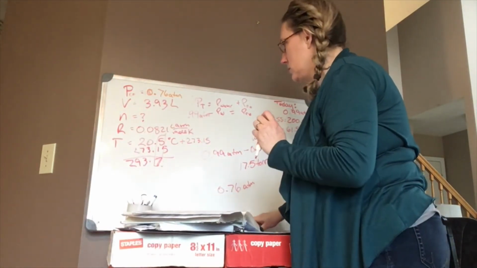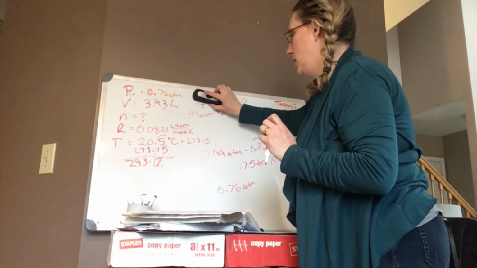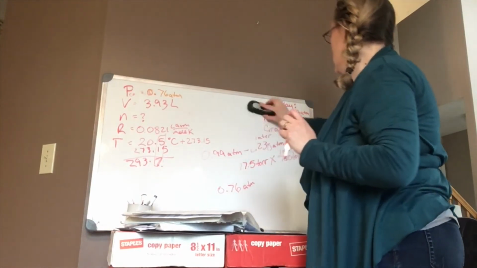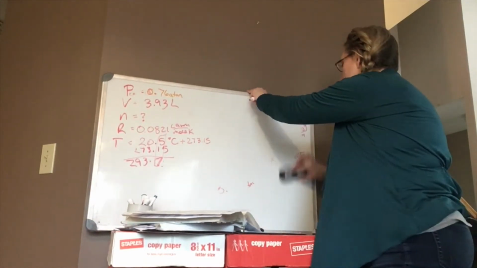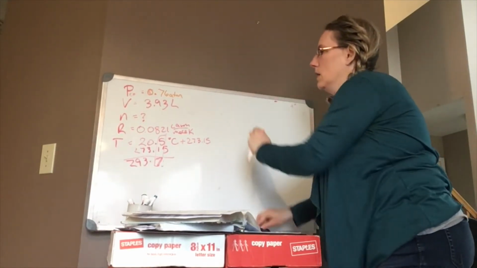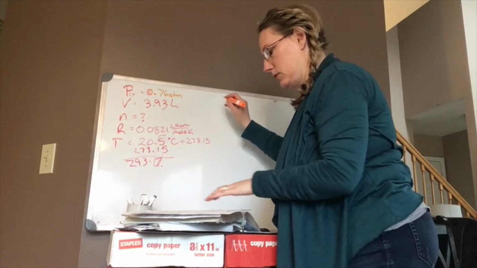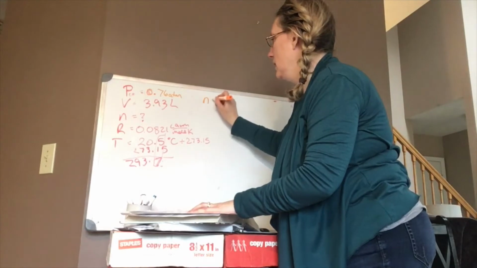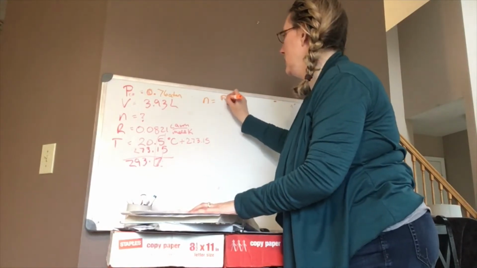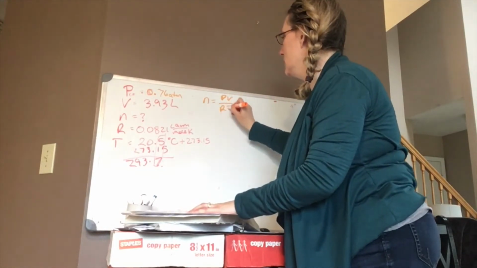So we should be able to, if we rearrange PV equals nRT for n, get n equals PV over RT.